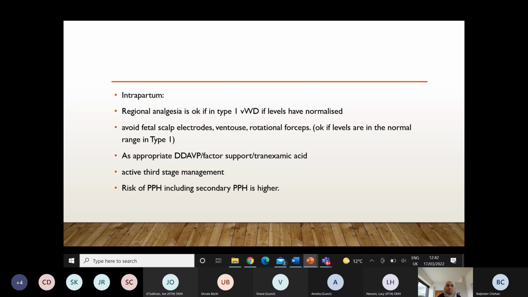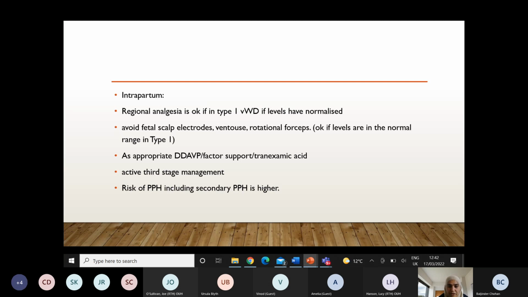Intrapartum care all depends. In type 1 disease, that's the only one where levels improve in pregnancy. In type 2, there is no change in pregnancy because it's a qualitative issue, not quantitative. And type 3 again has no change in pregnancy.